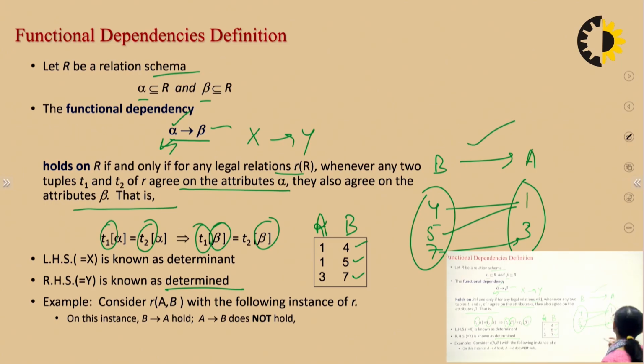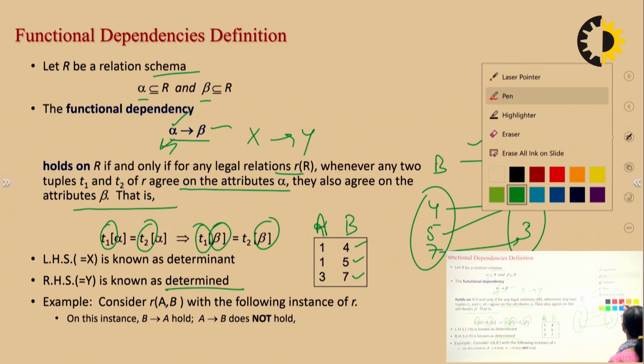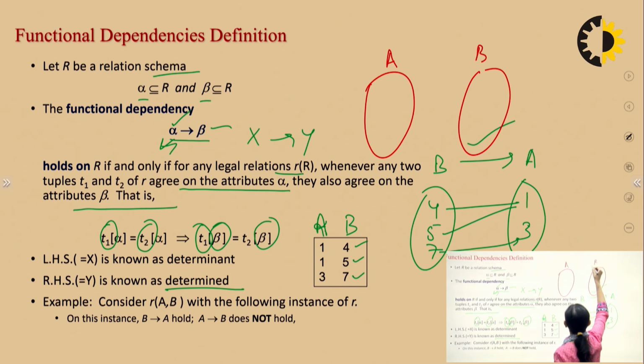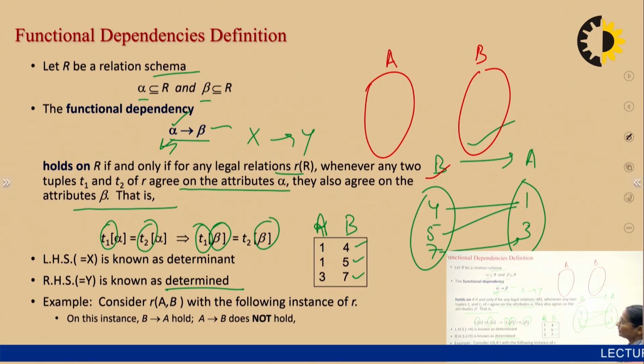But if we look at the reverse part, here A is acting as determinant, and earlier B was acting as determinant. Here we want to check when A is determinant and B is determined, whether this particular FD follows or not.